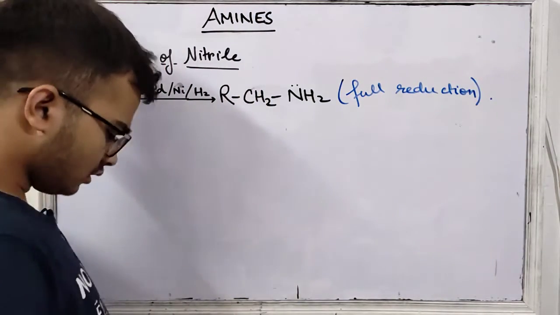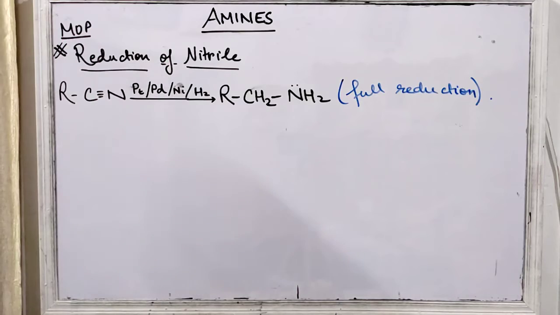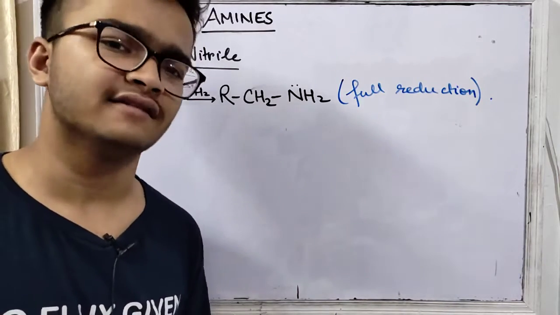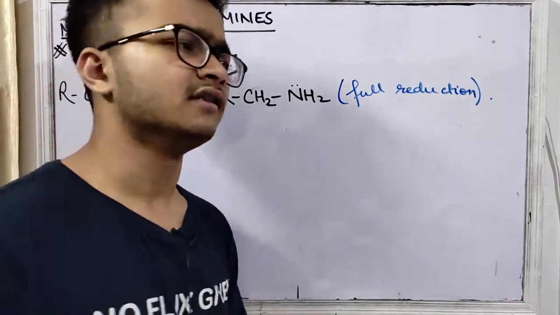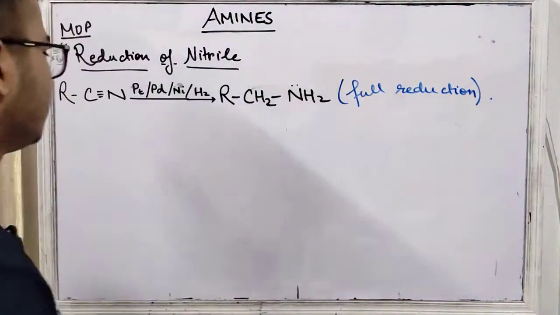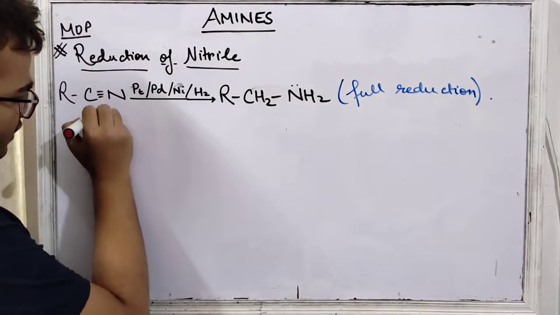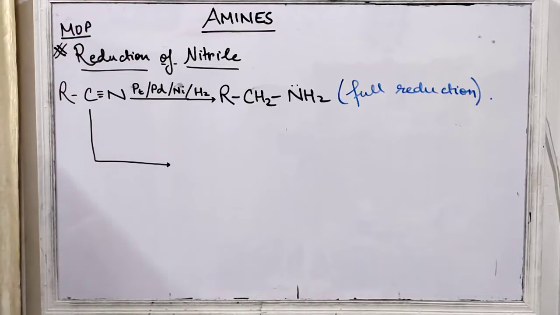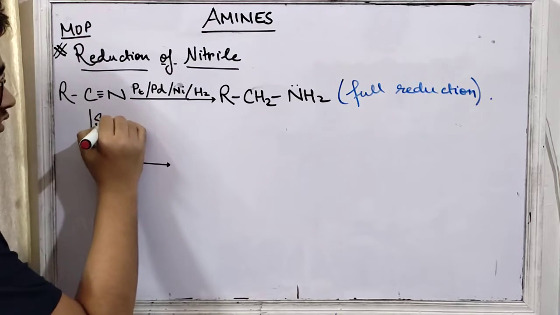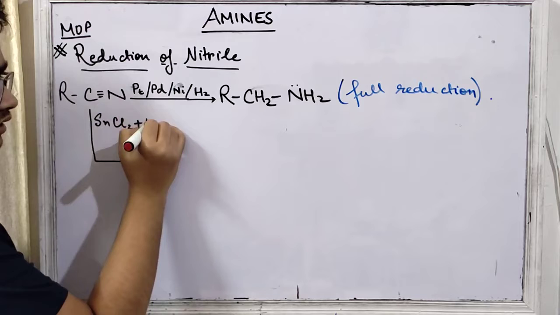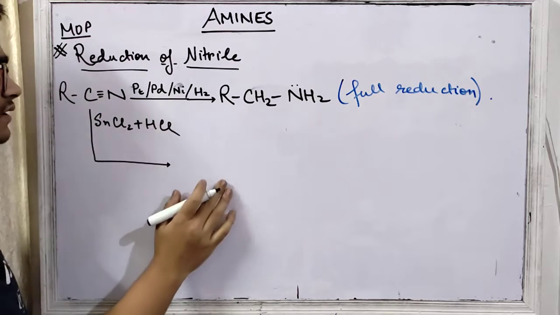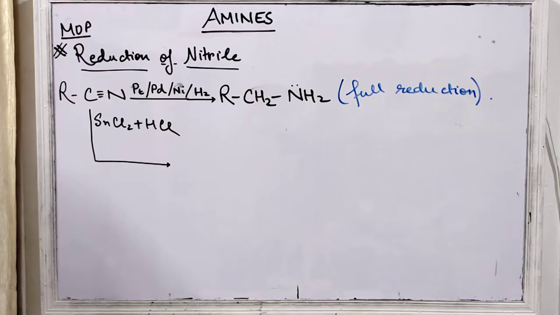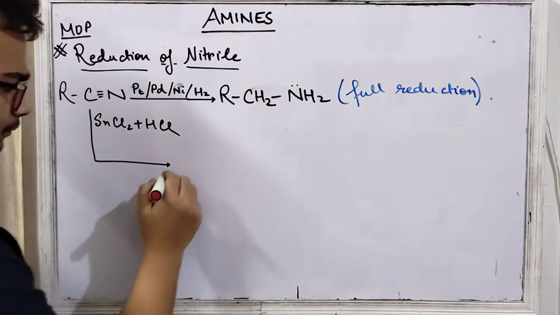Okay. Now if you want to perform it stepwise, then what we do is called the Stephen reaction, which we already studied in the aldehyde ketone chapter. So if you take the Stephen reagent, which is SnCl2 plus HCl, aldehyde will be formed. I'm sorry, not aldehyde, imine will be formed.